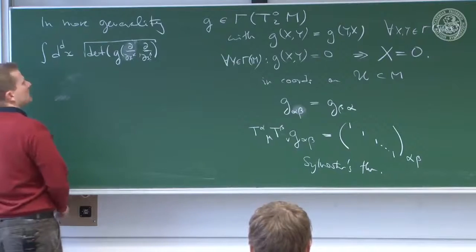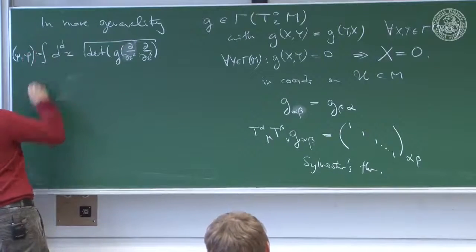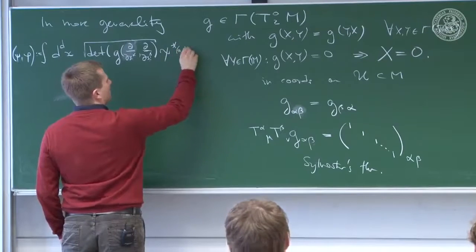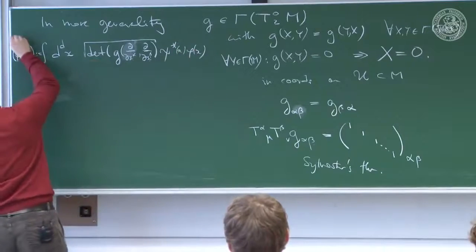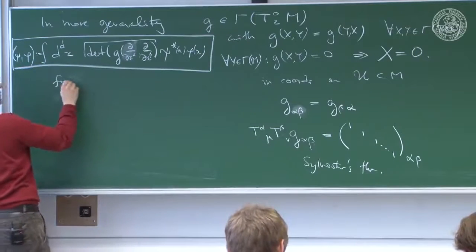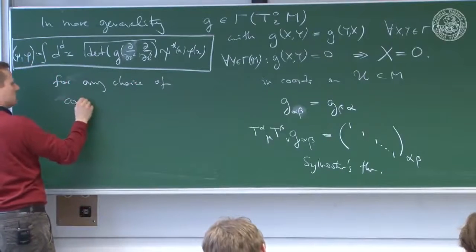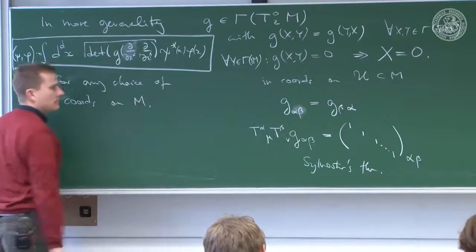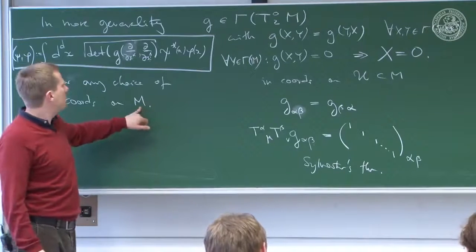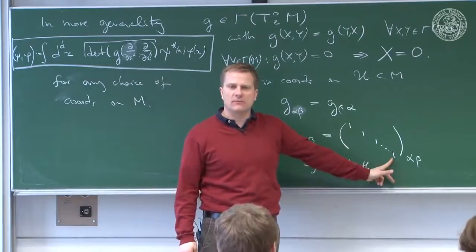So in more generality, we now want to define psi comma phi, this inner product, as this factor times psi star of x, phi of x, this integral, but now for any choice of coordinates on M. Now, if you wish, you can choose M to be Rd, and you can choose the coordinates that make the metric everywhere have this form.